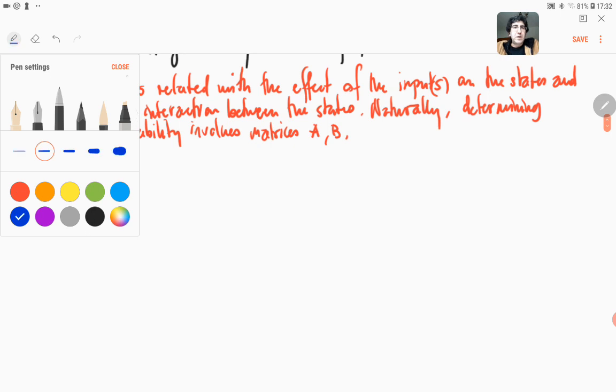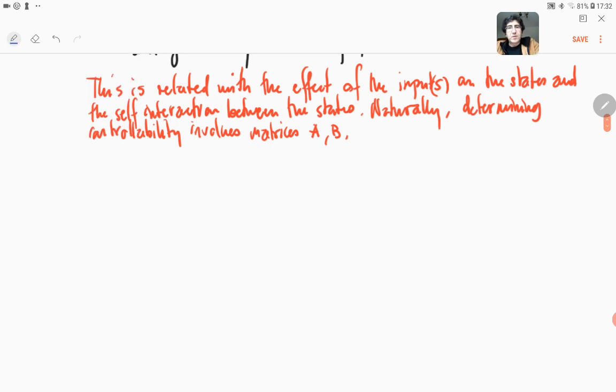Okay, so let's make a formal, mathematical definition of controllability. First of all, the definition starts with a given initial state.